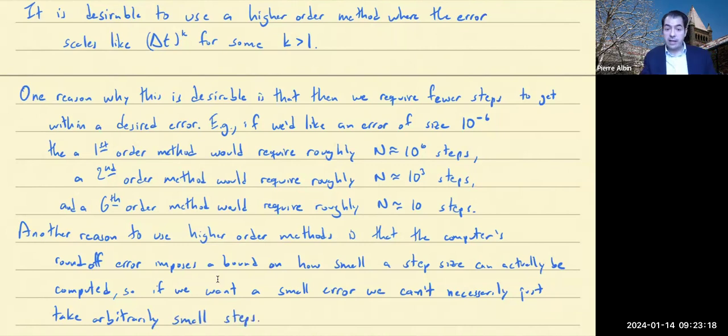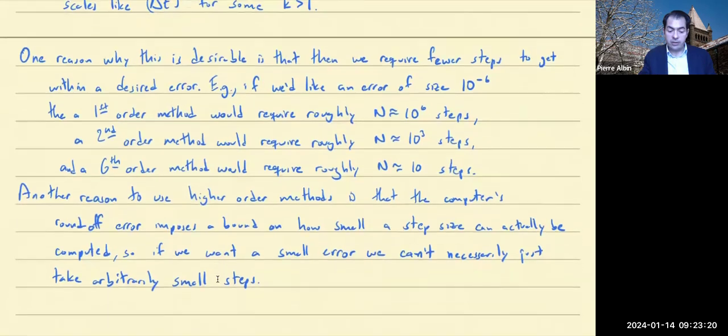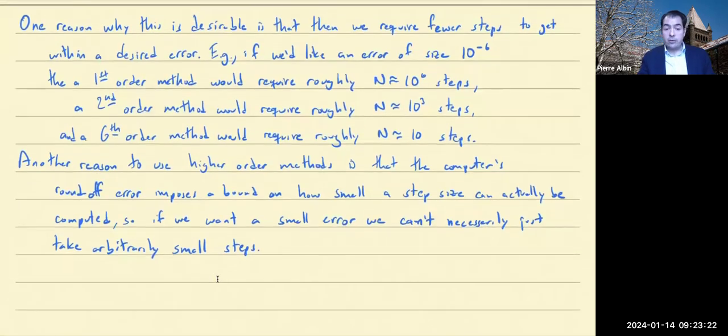Just imagine trying to carry out Euler's method using a calculator. Your calculator only has so many digits you can type in. And if you were to decide, I'm going to take a step size really small so that my error is really small, well, maybe your calculator wouldn't notice the difference between your t_i's. And so you wouldn't really be able to carry out Euler's method given the round off error on your calculator.